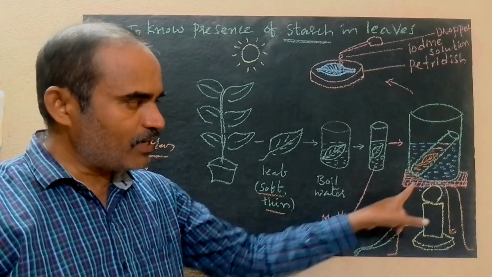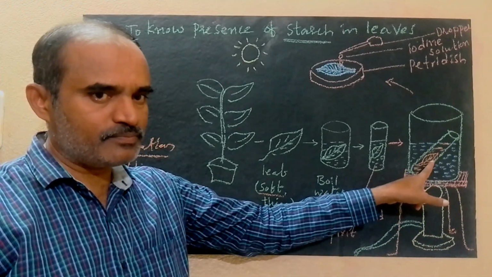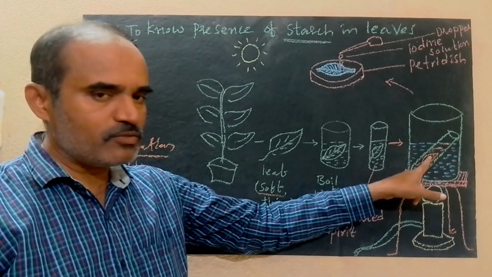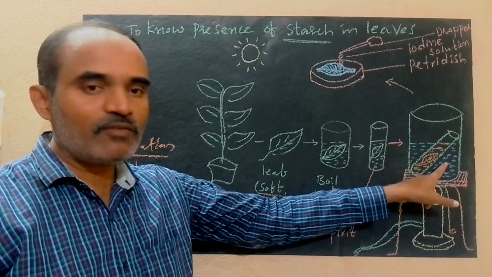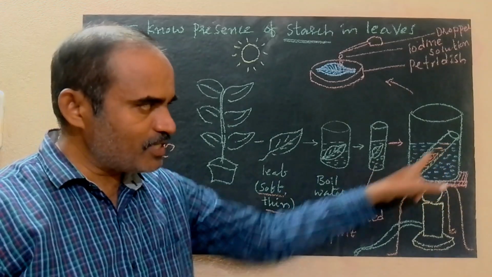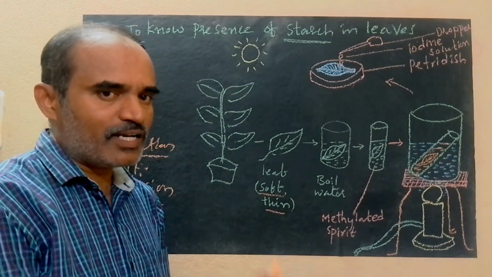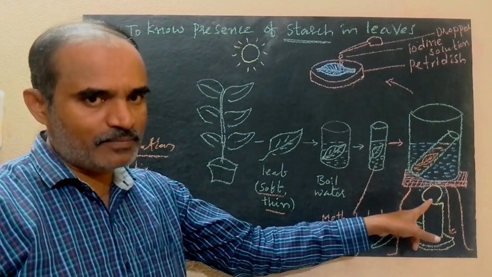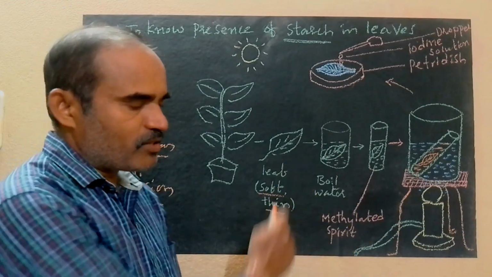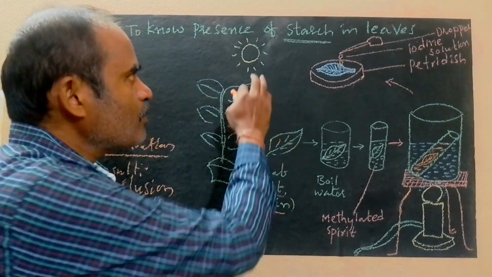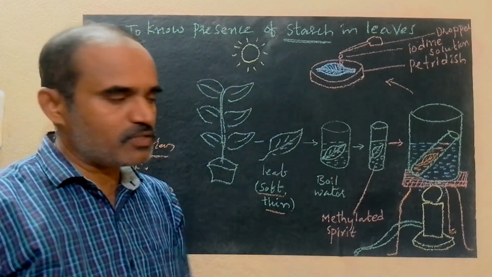So the boiling tube containing methylated spirit is kept in a water bath, otherwise it may catch fire. So this is the procedure to know the presence of starch in the leaves.